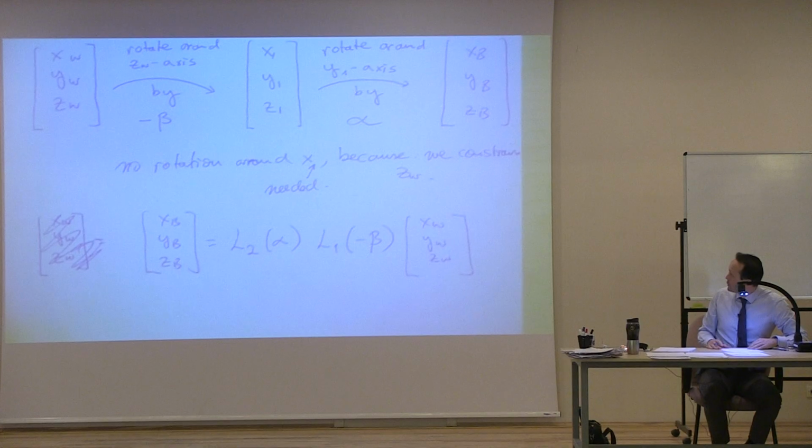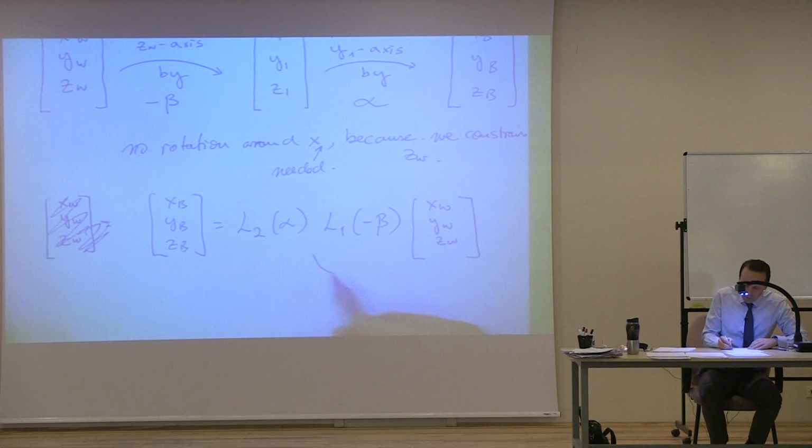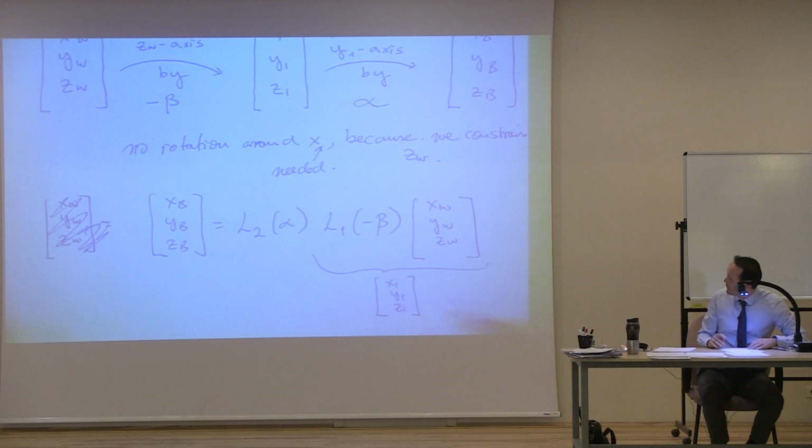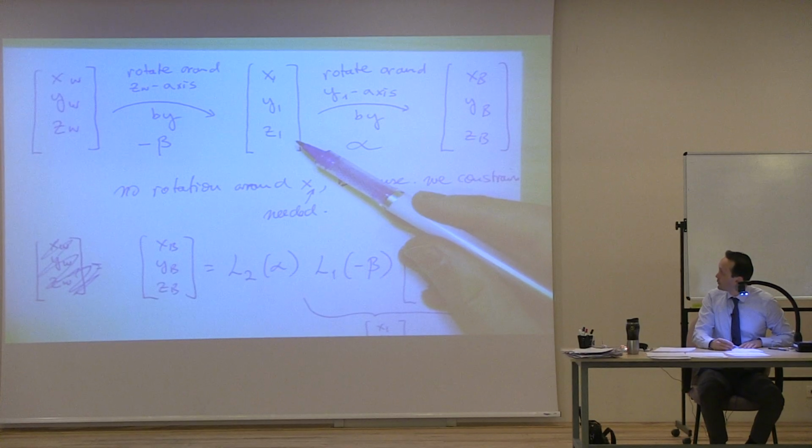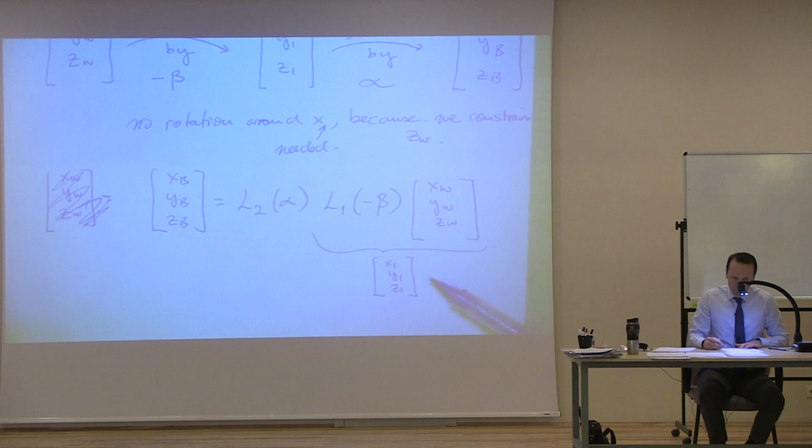Right? So if you look at this part here, it is X1, Y1, Z1. I mean the intermediate coordinate system, right? It's right here. So you get this.